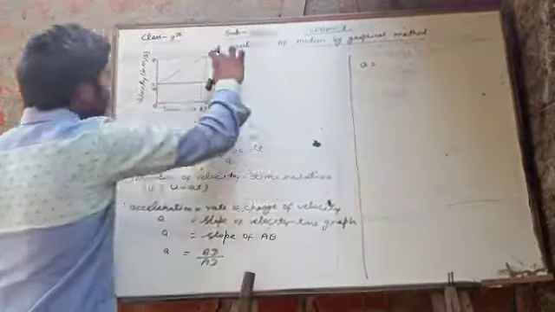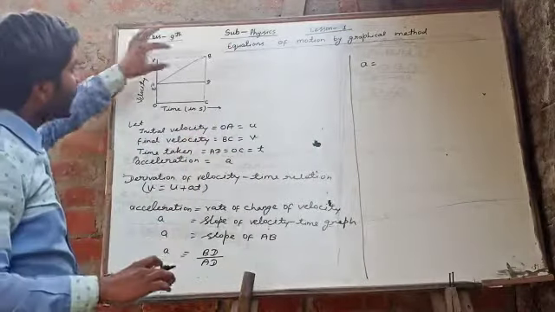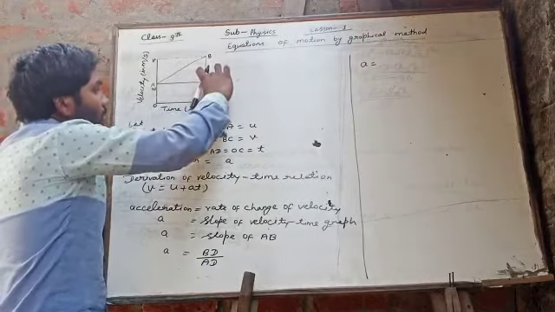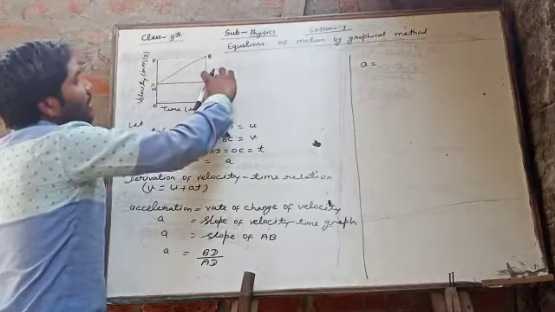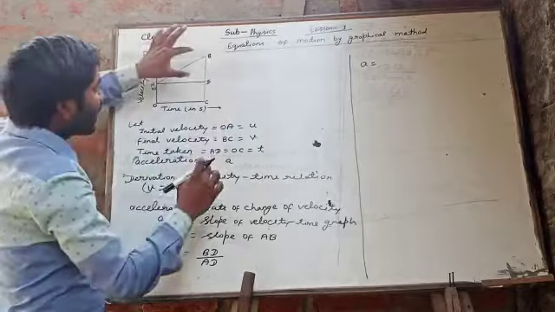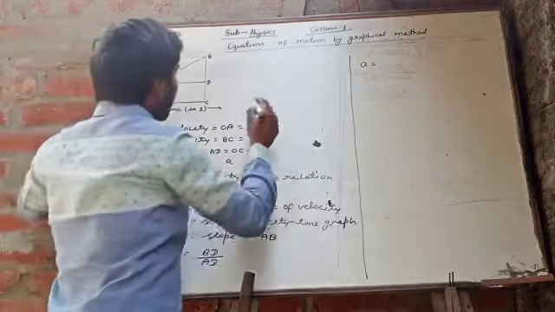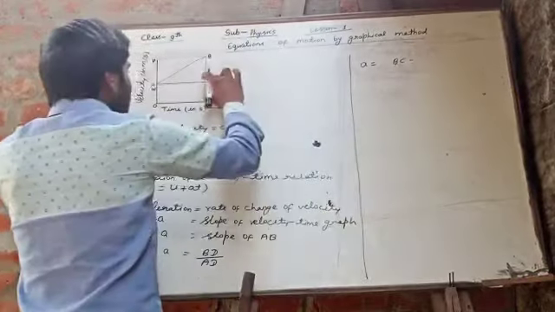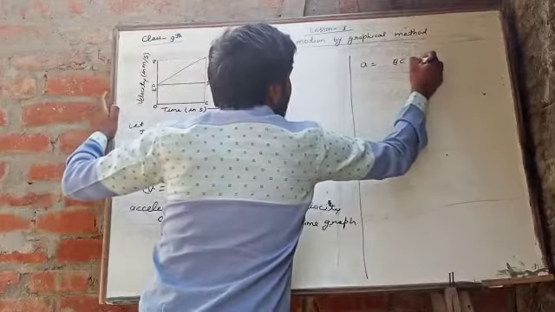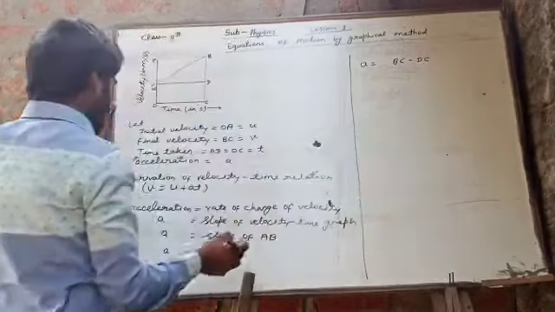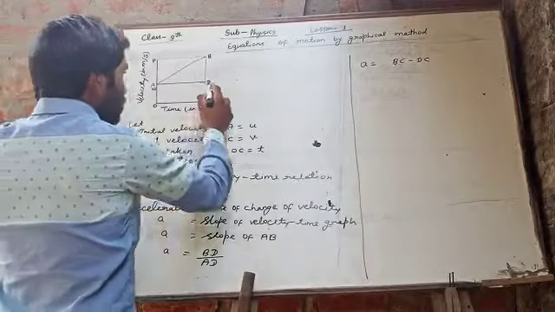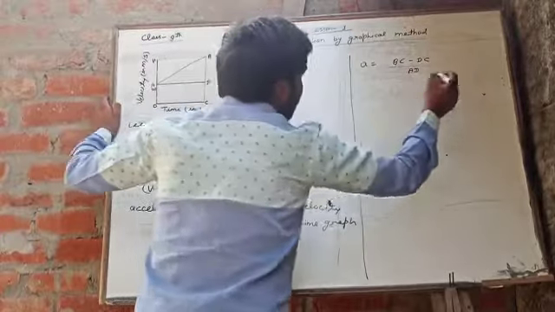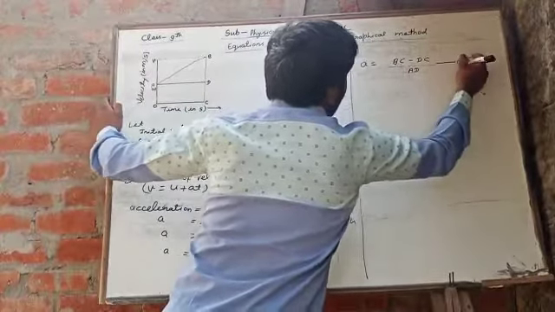How can we find BD? By subtracting DC from BC we can get BD. So BD is equal to BC minus DC. Let this be equation number 1.